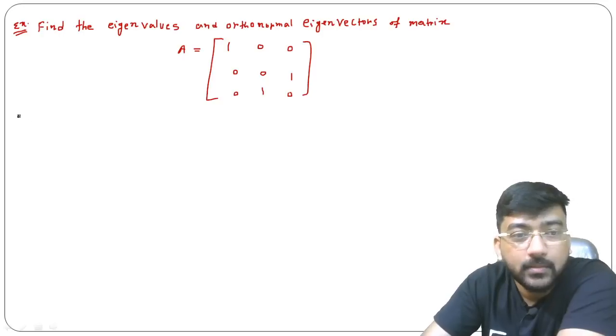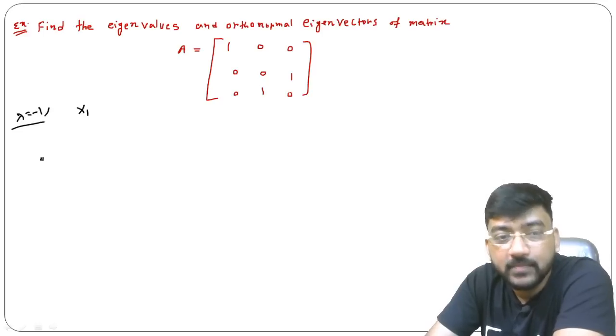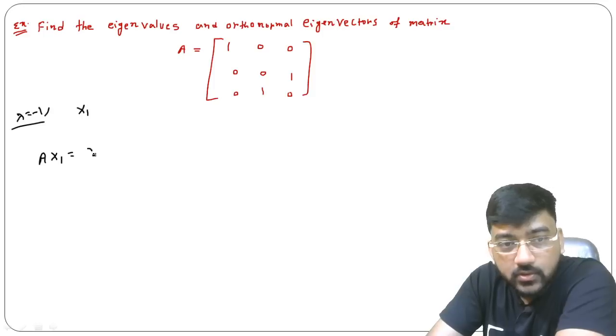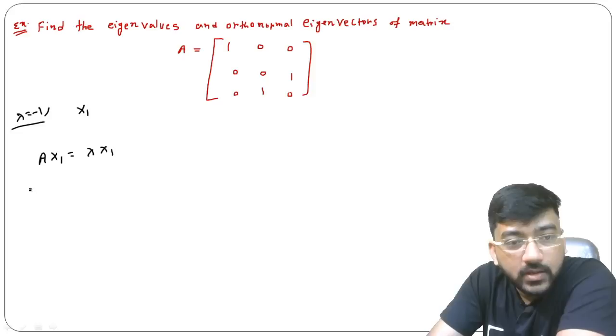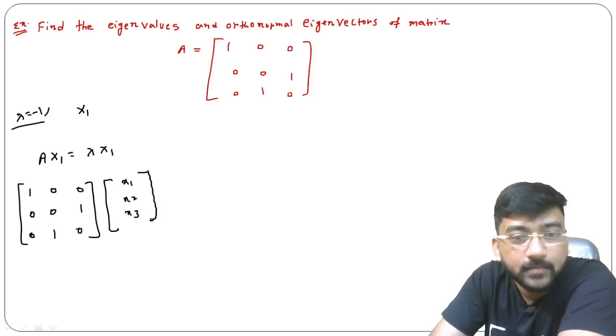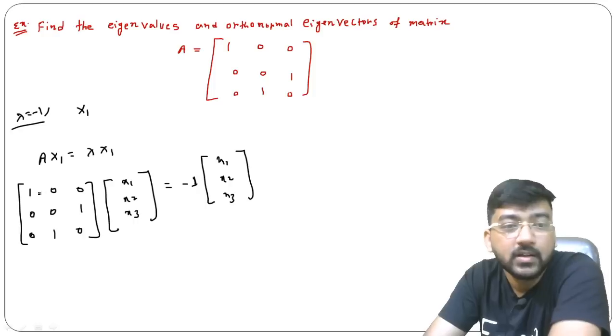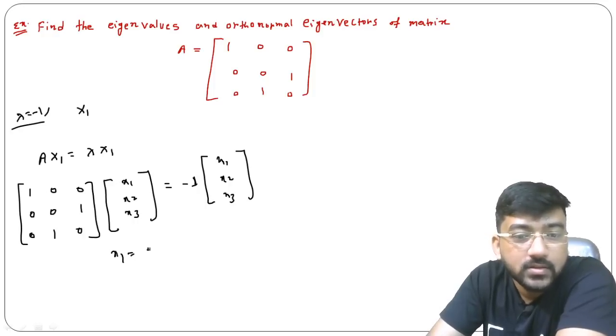Okay. So for lambda is equal to minus 1, let us take the eigenvector as x1. So we will get A x1 is equal to lambda x1. So again here the matrix 1, 0, 0; 0, 0, 1; 0, 1, 0 into x1, x2, x3 will be equal to minus 1 into x1, x2, x3. Now again if you compare, you can see your x1 will be minus x1, that means 2x1 is equal to 0.